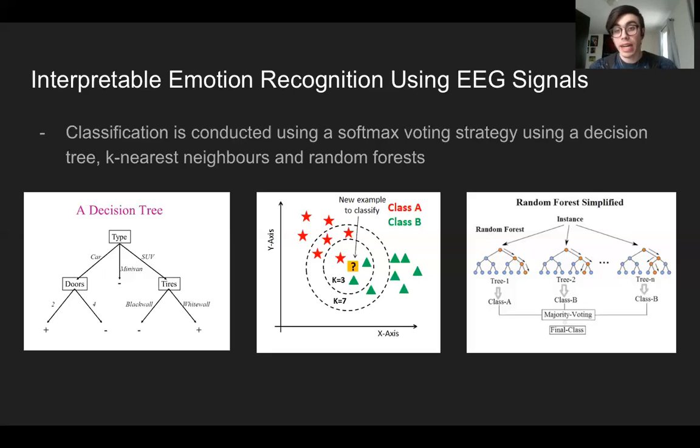And then lastly, the random forest method is using a collection of decision trees which use a different collection of those features in a particular order to then determine an output. With random forest, it then uses a majority voting strategy to output the final class. And using the results of all these 3, as I previously said, we use a softmax voting strategy to determine our final output.